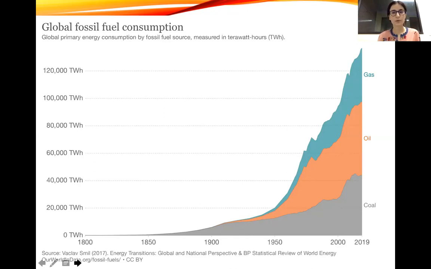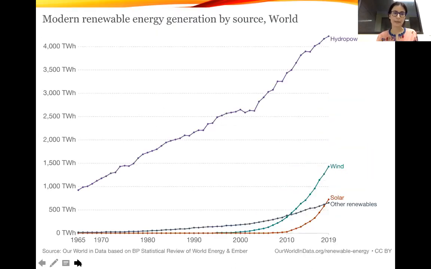form of fuel. And that's why now a lot of focus is being shifted into gas, and you can see the scale of it. So the global fossil fuel consumption is at that terawatt hour, and tera is 10 raised to the power 12. So if you put that many zeros, that's the amount of gas that we're currently utilizing on the planet.